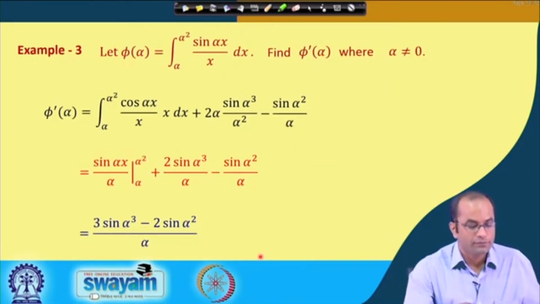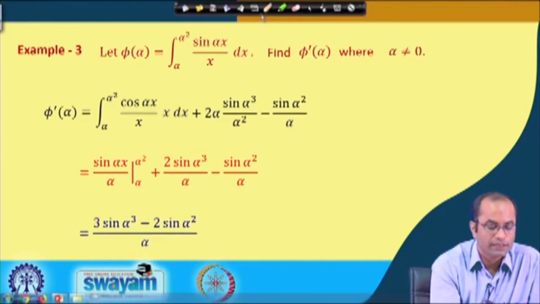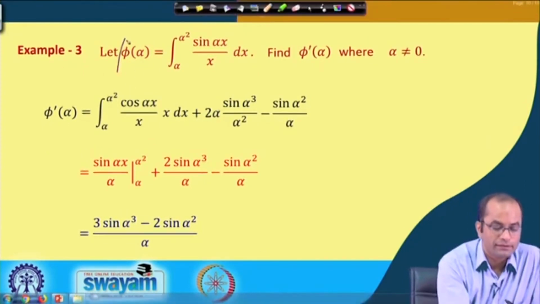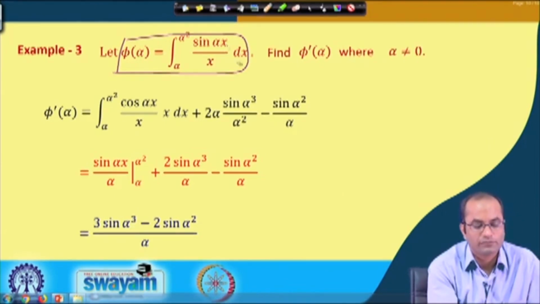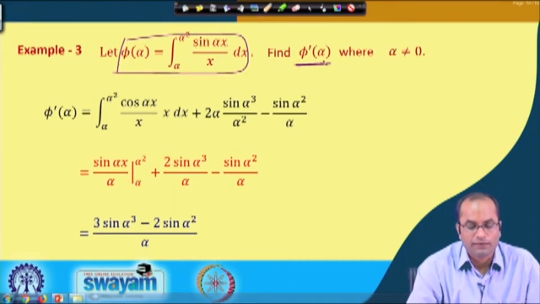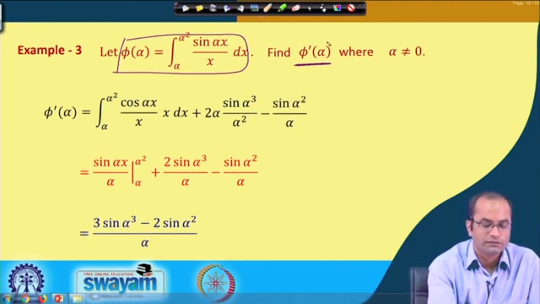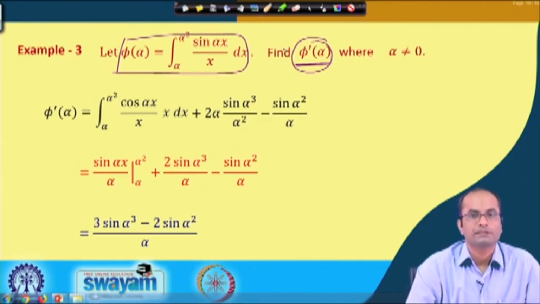So, the third example is again very simple. We have phi alpha is equal to the integral from alpha to alpha square of sin alpha x over x dx, and we want to get this phi prime alpha where alpha is not 0. So, it is a direct application of differentiation under integral sign.